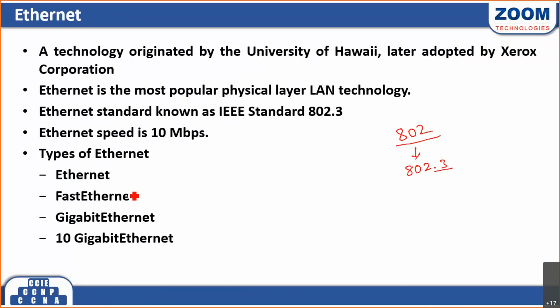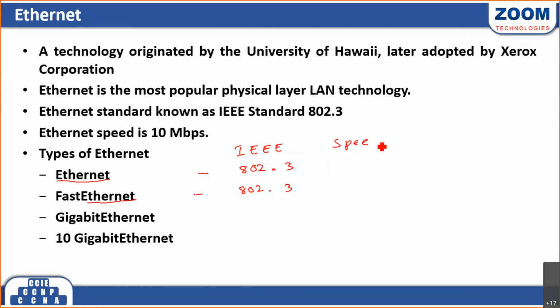And we have different types of Ethernet. The IEEE standard is 802.3. Next, Fast Ethernet is also Ethernet. So Ethernet means 802.3, but the speed is the difference. The speed for Ethernet is 10 Mbps, and Fast Ethernet speed is 100 Mbps.